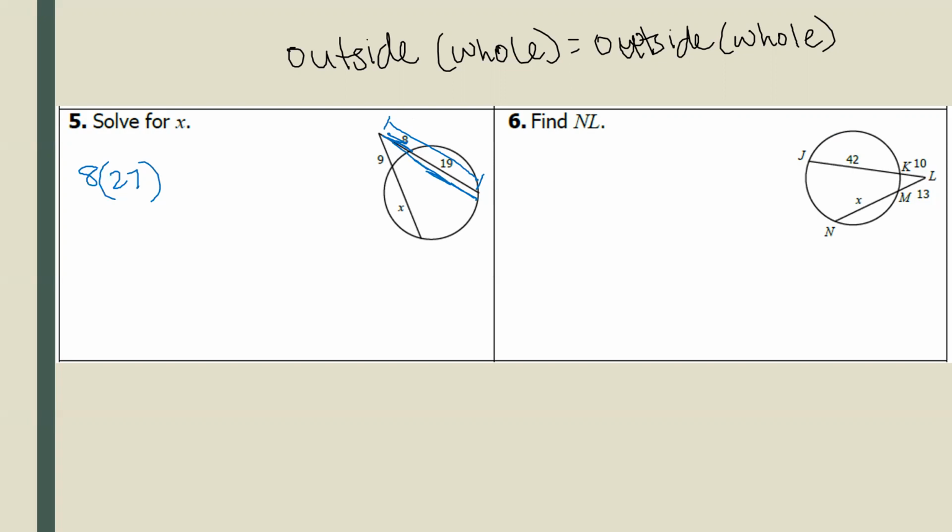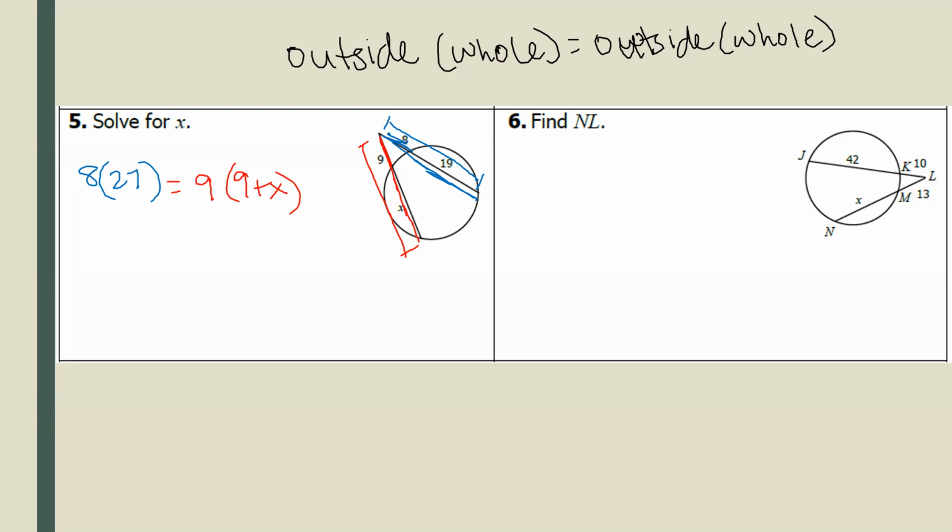And then for the other secant here, the piece on the outside is 9. And the length of that whole thing, it's just 9 plus x. Right? We don't know what x is, but we know to find the length of the entire piece, you just add the 2 segments together. So since we don't know what x is, we can just write that as 9 plus x.